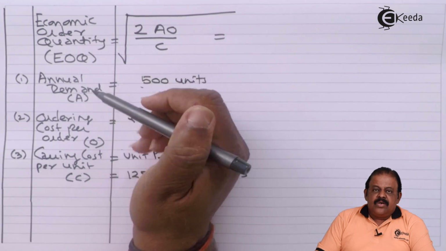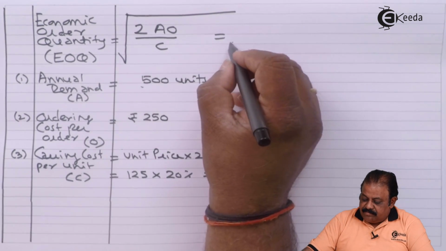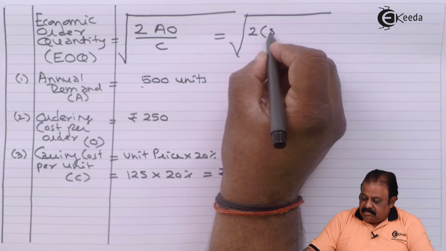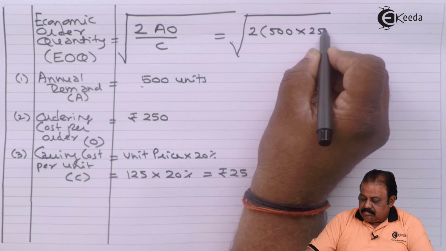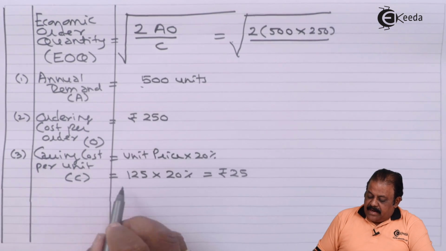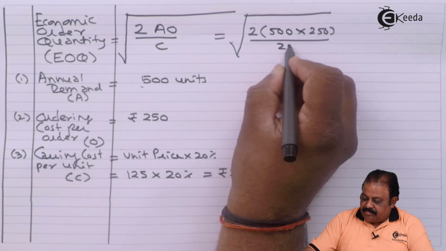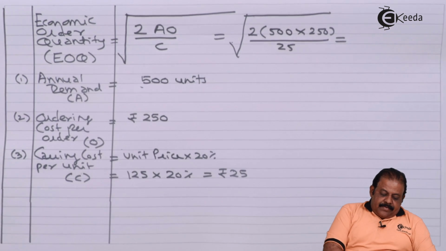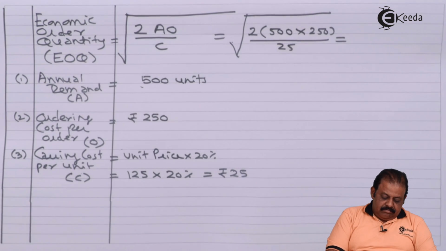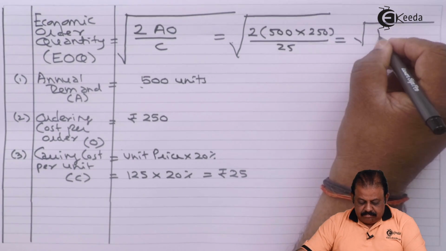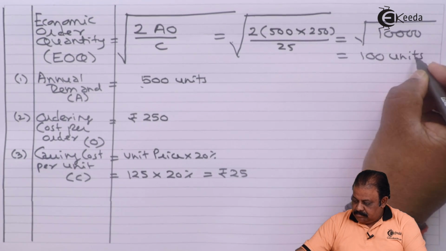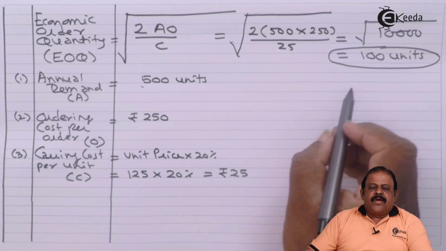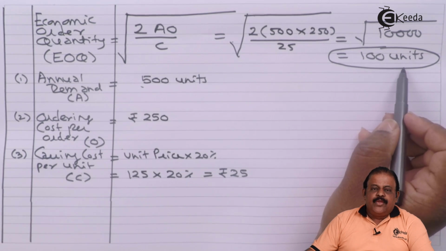Square root of 2AO divided by C, annual demand 500, ordering cost 250 divided by carrying cost 25. So economic order quantity we got 100 units.